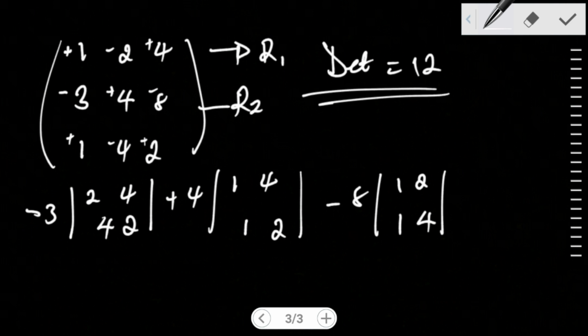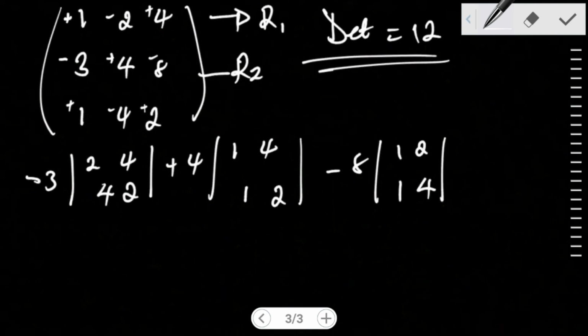Remember, don't mind about the signs, but the signs are just guidelines to help you determine the signs you should use in between, like positive, minus, then you have a minus here.